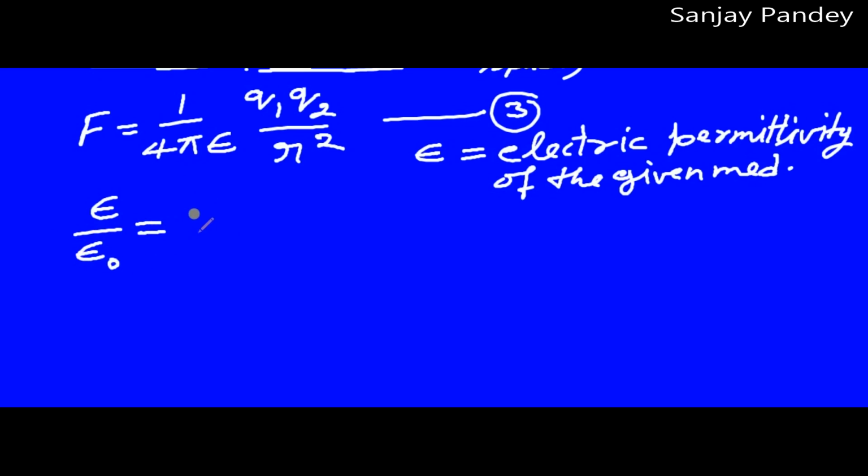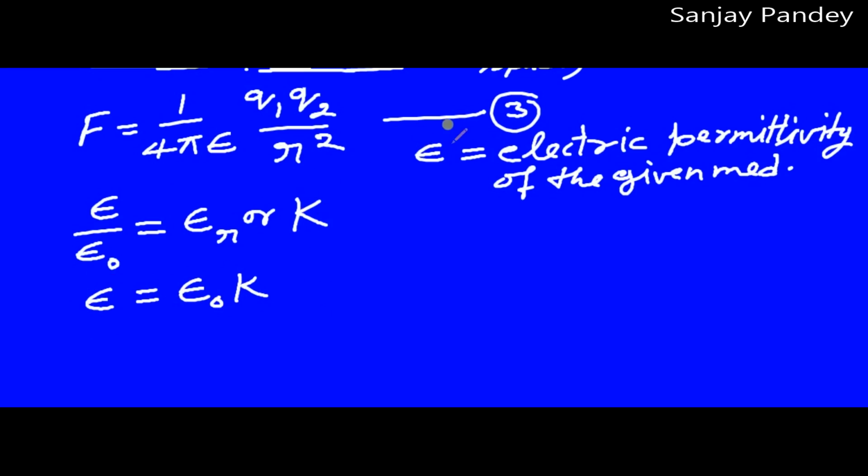It is denoted by epsilon r, or k. K is also called dielectric constant of the medium. So we can write epsilon is equal to epsilon naught k.